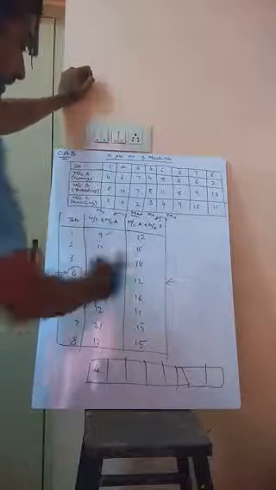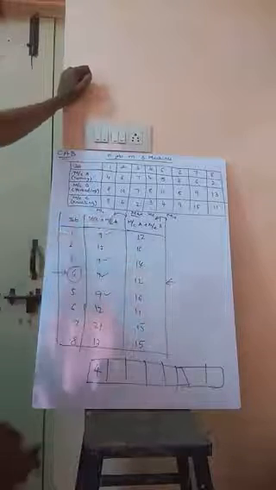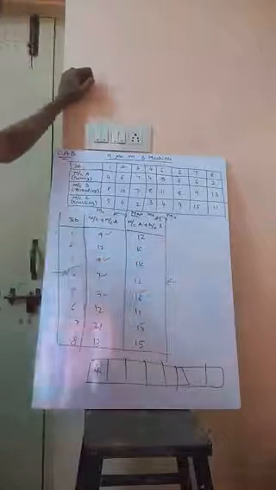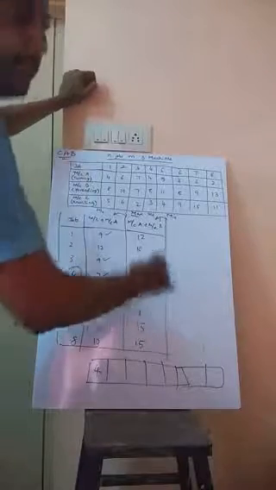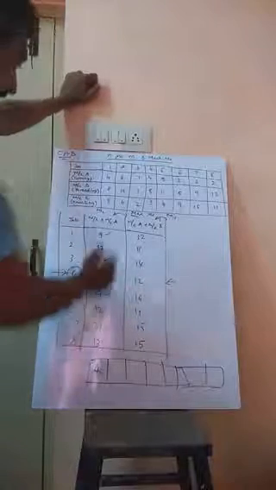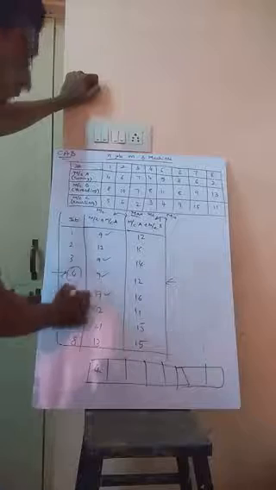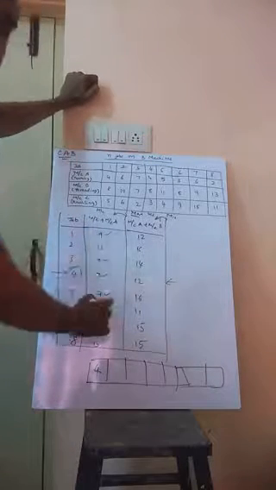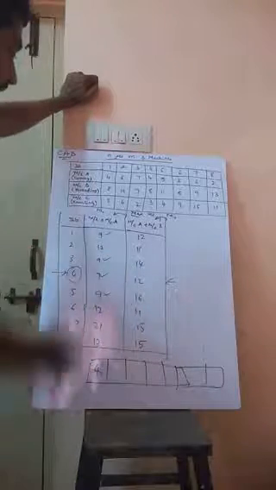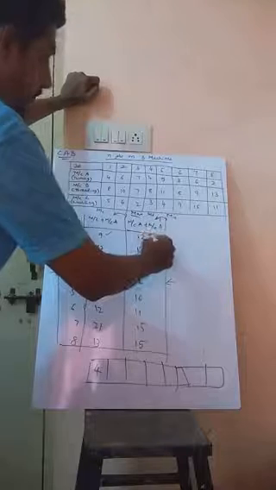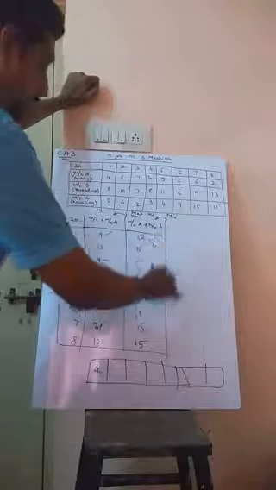Now we need to check the other part of the three 9s, that is 12, 14 and 16. Whichever job's 9 has the higher value in the other column of the table, that job must be taken for consideration.